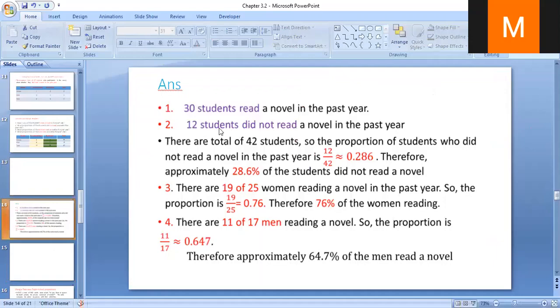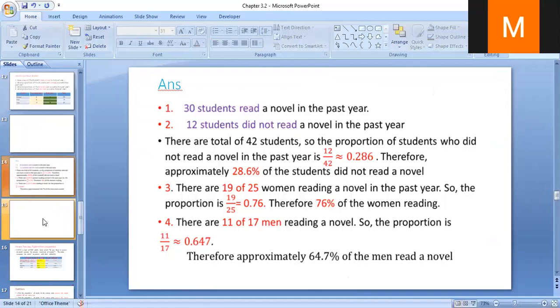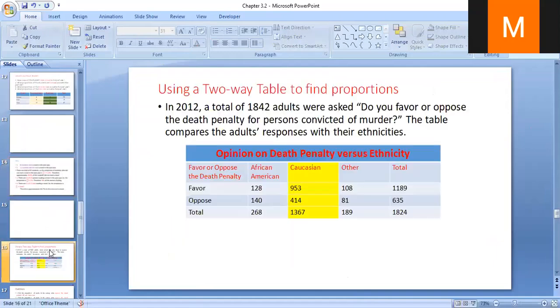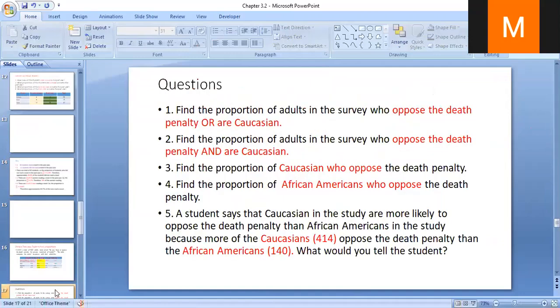You look here, there are 30 students. There are 30 students who read the book, right? And now you go to the two-way table to find the proportion.